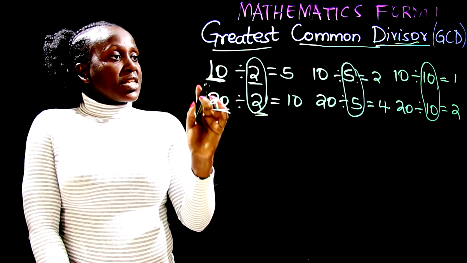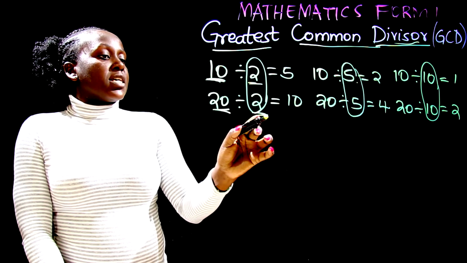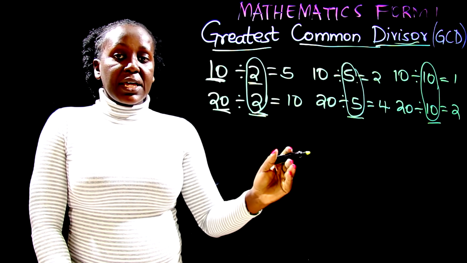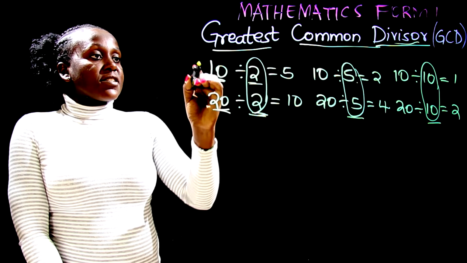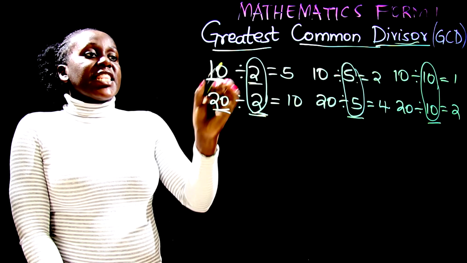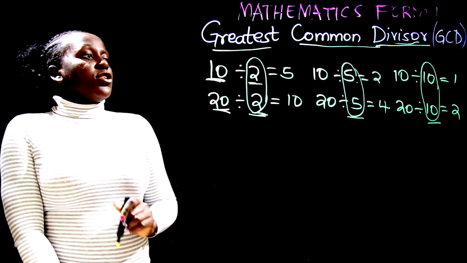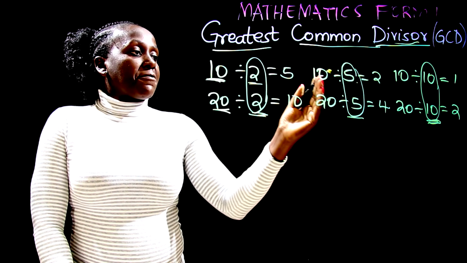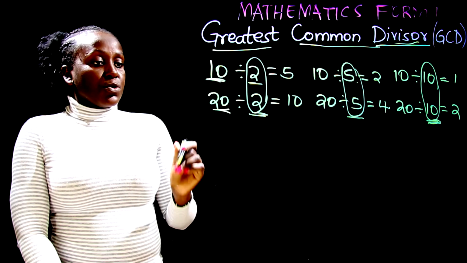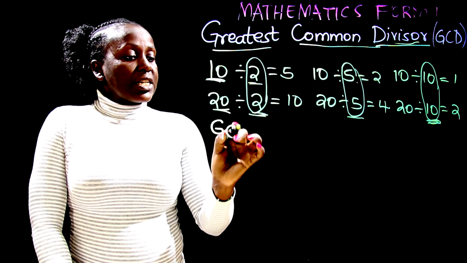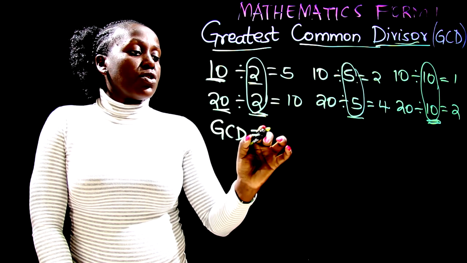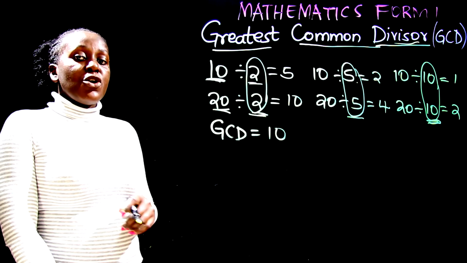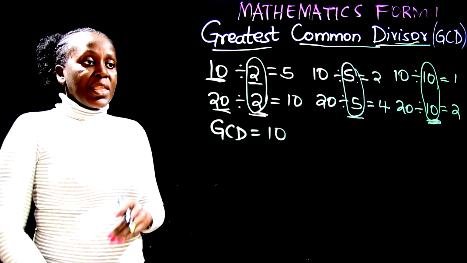Now, if we have these three common divisors, 2, 5, and 10, which among the three is the greatest? That is the one that we are interested in, the greatest common divisor. So you find that 10 is greater than 5 and greater than 2. Therefore, the G.C.D would be equal to 10. Okay? The G.C.D of 10 and 20 would be equal to 10.